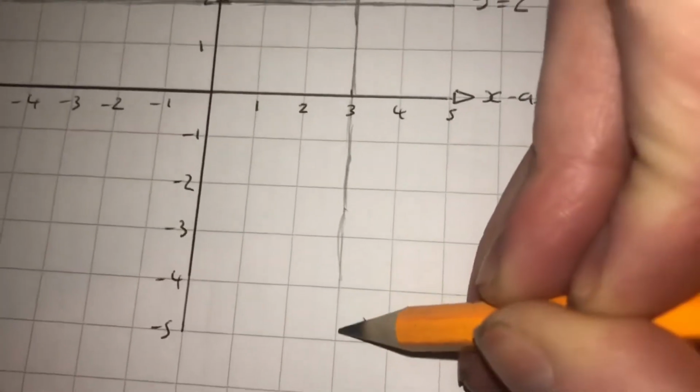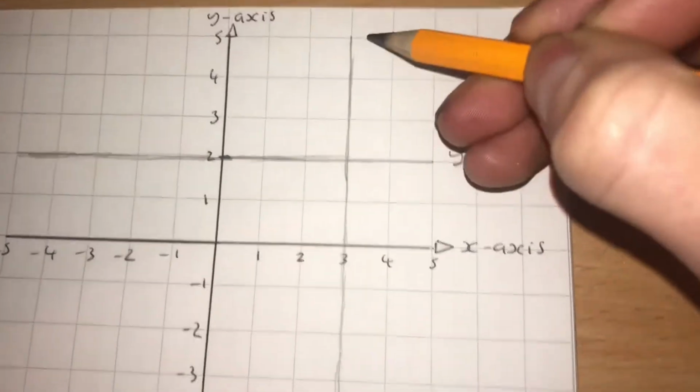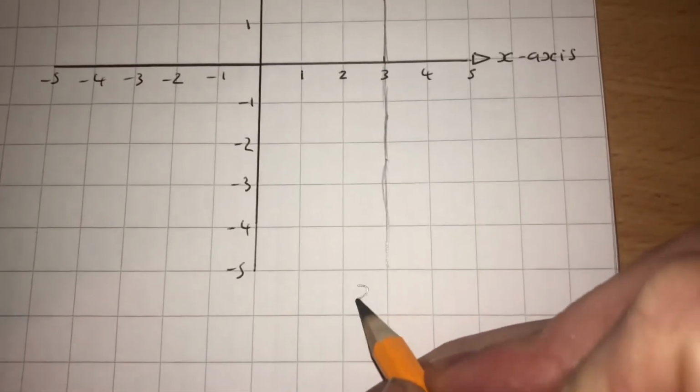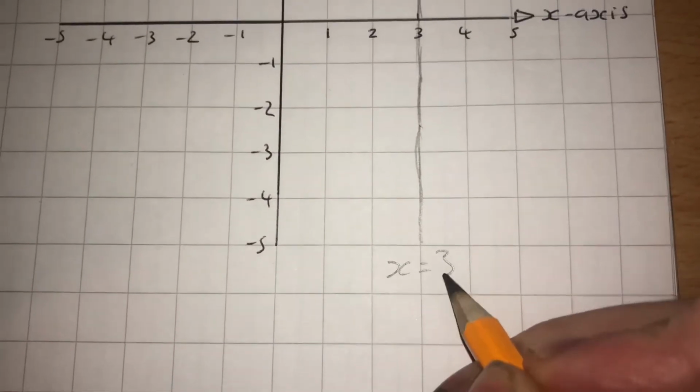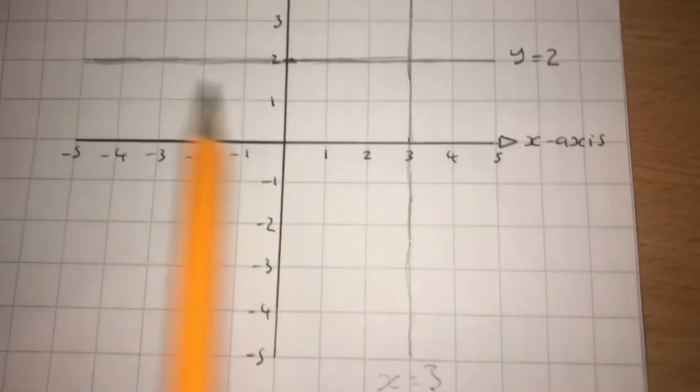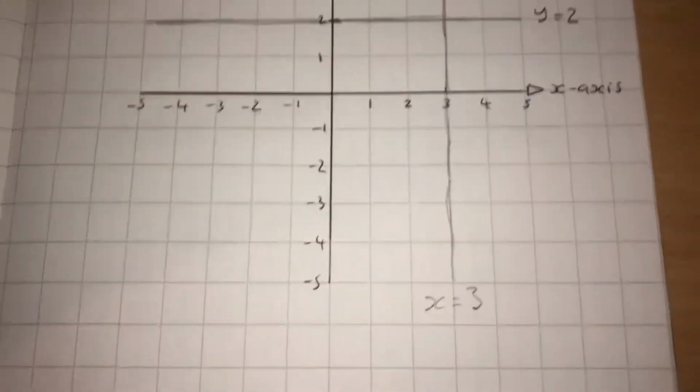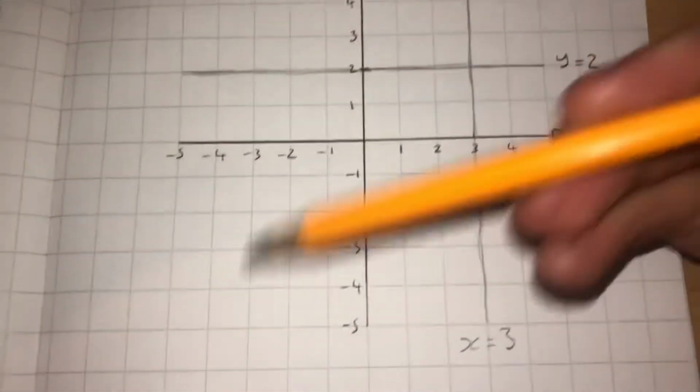Okay, so that is the line x equals 3. From top to the bottom you draw it right away the length of the axis given. So any line y equals will be horizontal, any line x equals will be a vertical line.